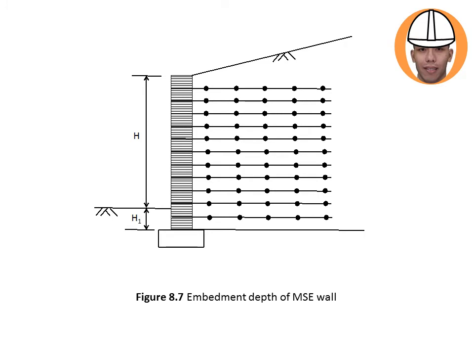Okay, and this one is the embedment depth of MSE wall. So embedment means the wall, okay, you're going to dig on the ground and put foundation underneath the ground, and you put the wall over that foundation.